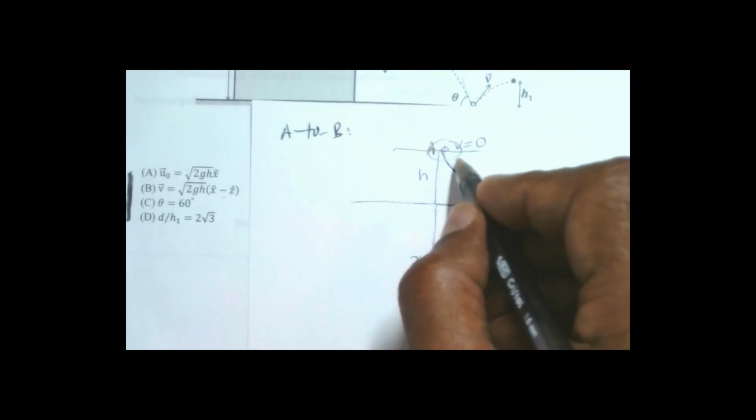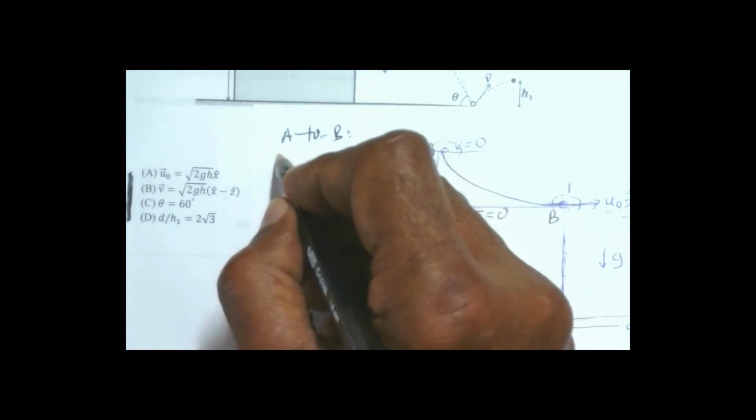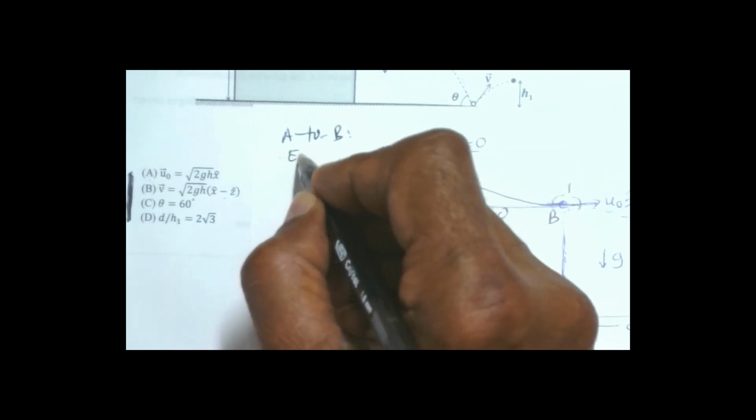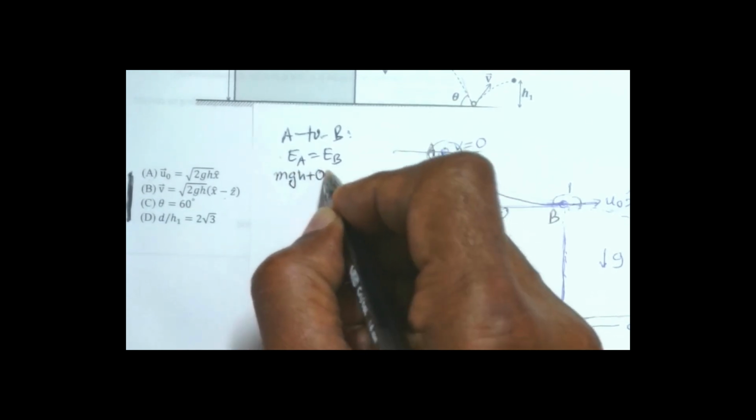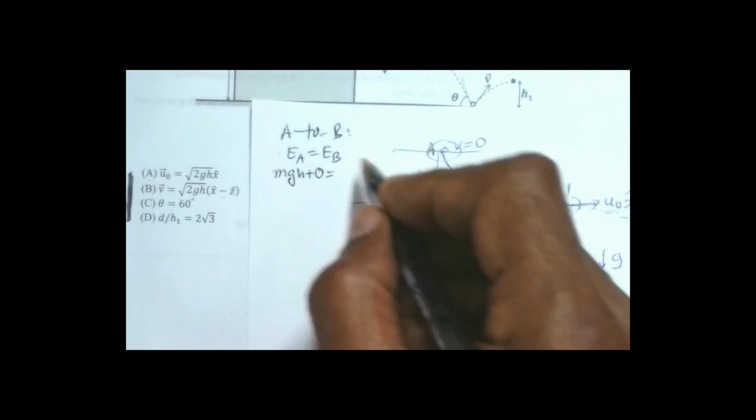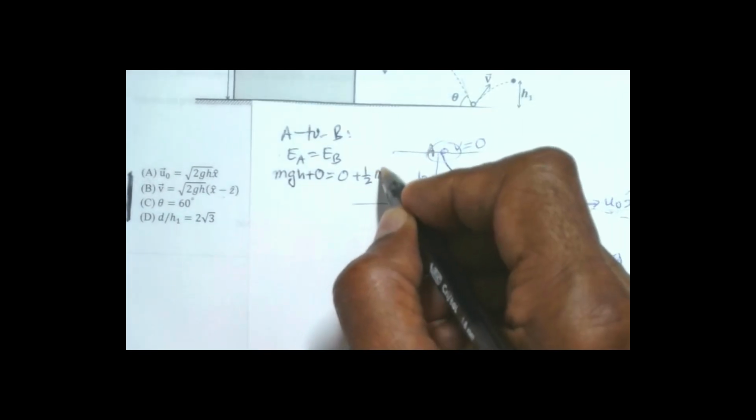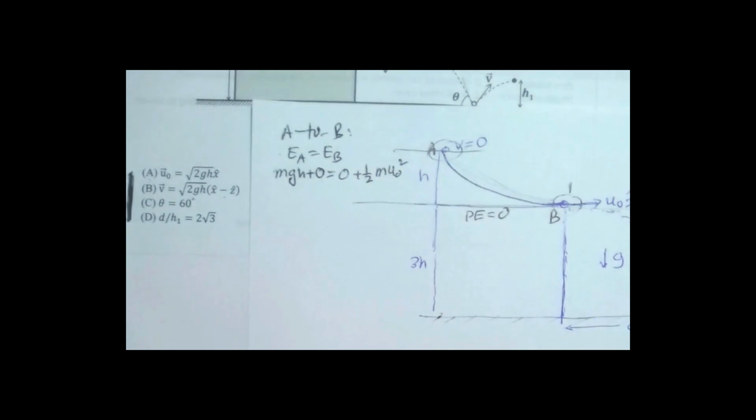This potential energy will be mgh, and velocity or speed is 0 there. So energy at A equals energy at B. Energy at B is mgh, and 0 plus half m u naught squared at A.